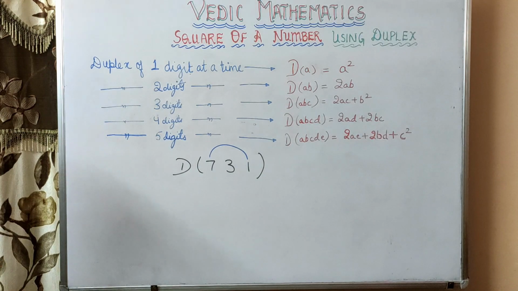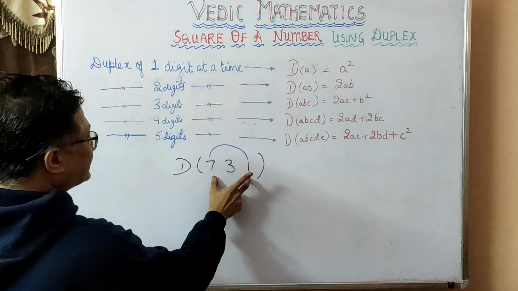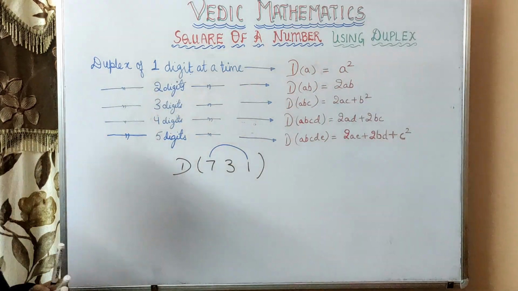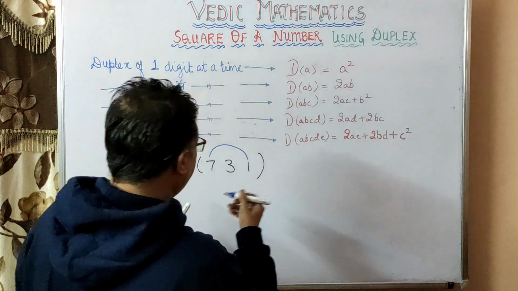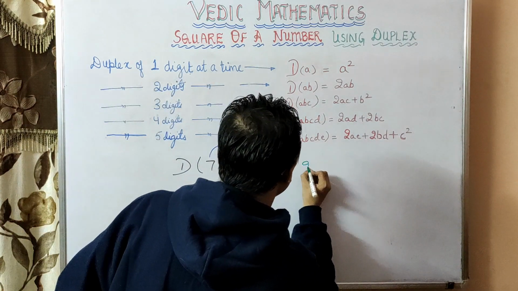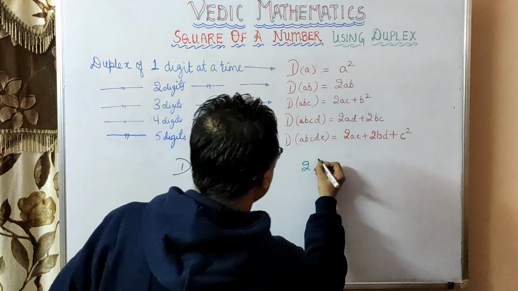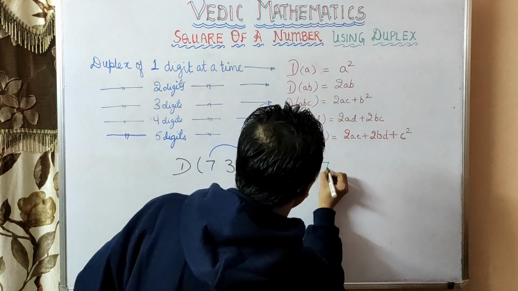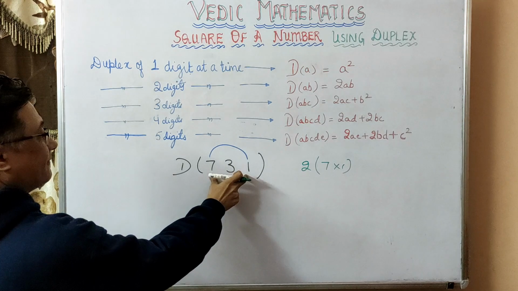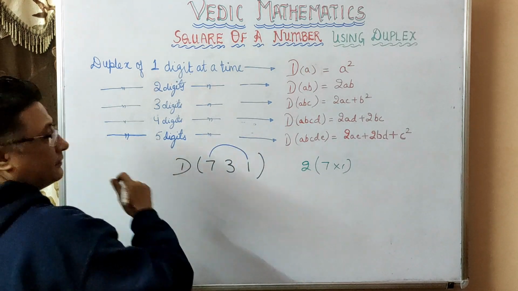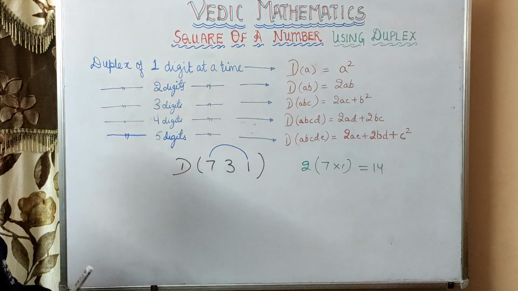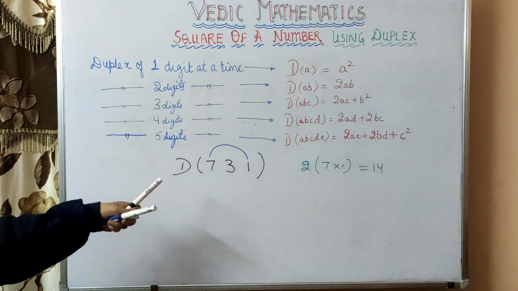Now, what is their duplex? These are two numbers and it will take the form 2ab. So, this will be 2 multiplied by 7 multiplied by 1. Multiply 7 with 1, double it. So, what we have? 14.